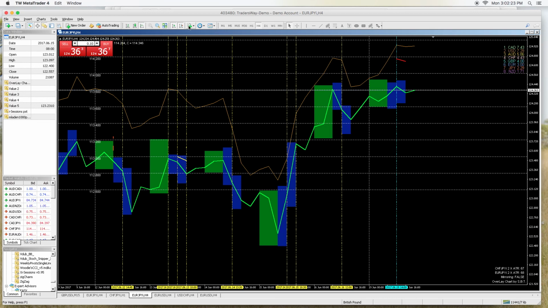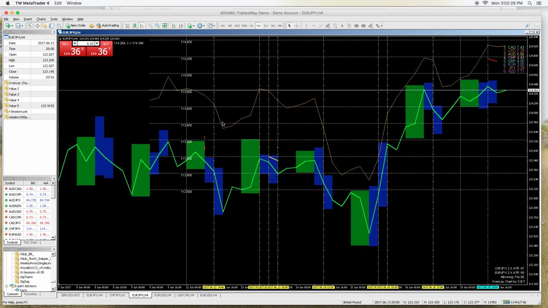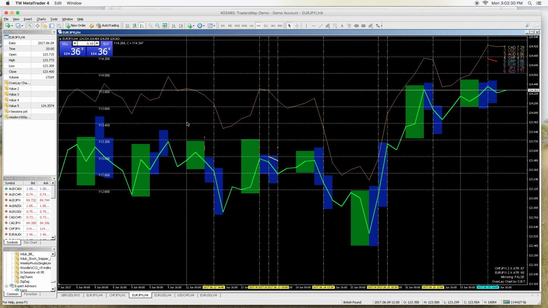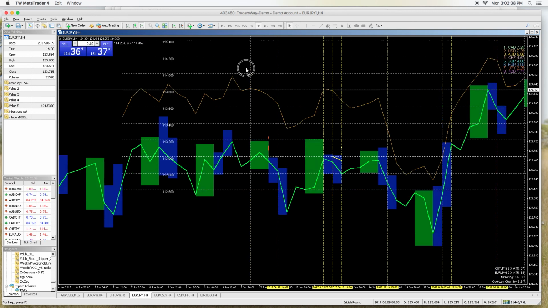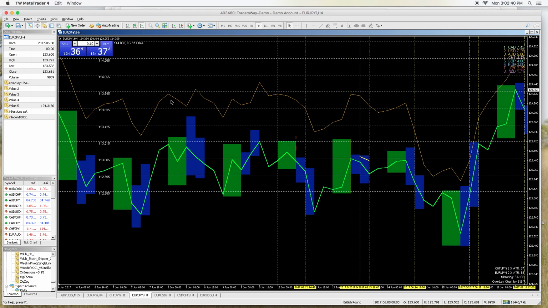And let me see if I can find a good one in here. This takes a minute to refresh. There we go. Well, we're close right here. You see, these don't line up higher than this high right here.